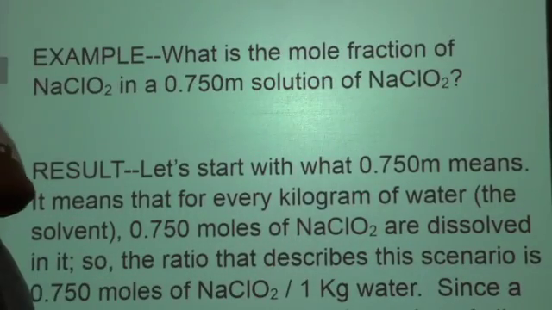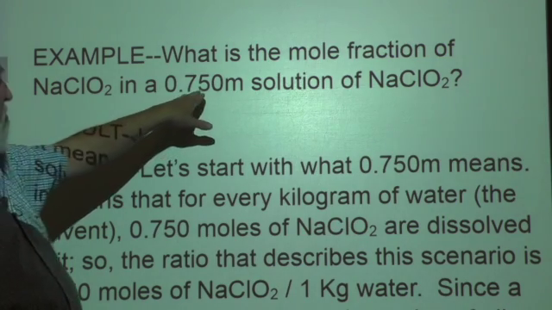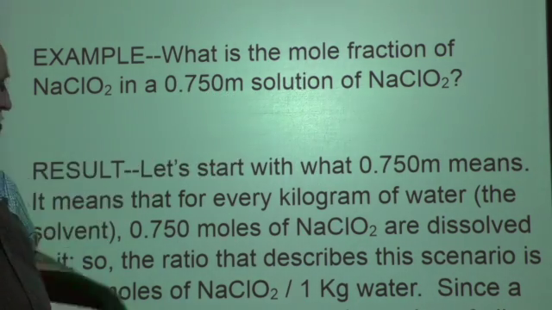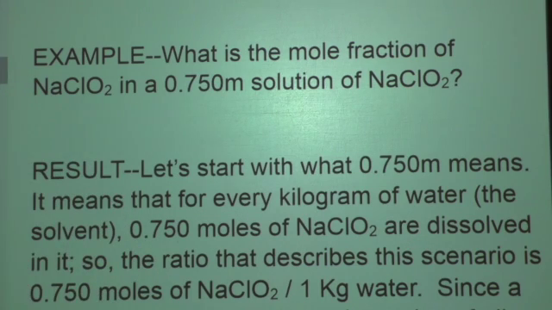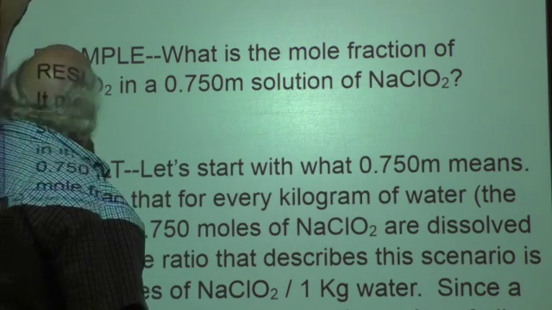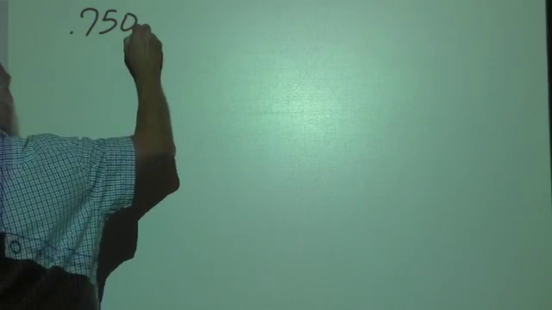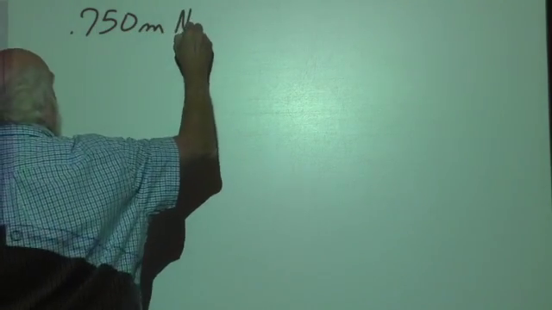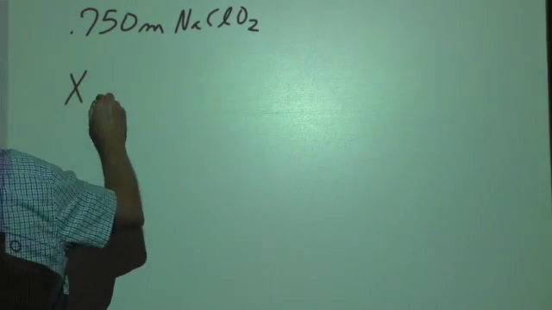So let's take an example here. What is the mole fraction of NaClO2 in a 0.750 mole per kilogram solution of NaClO2? So let's go to the next page, 0.750 mole per kilogram of NaClO2. We're trying to find the mole fraction of NaClO2.